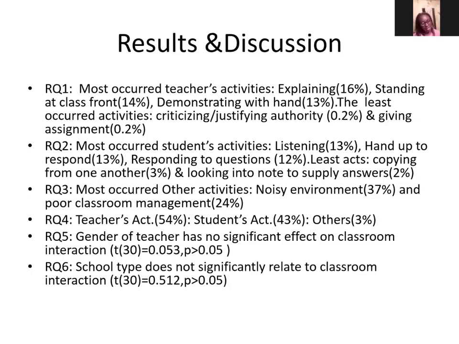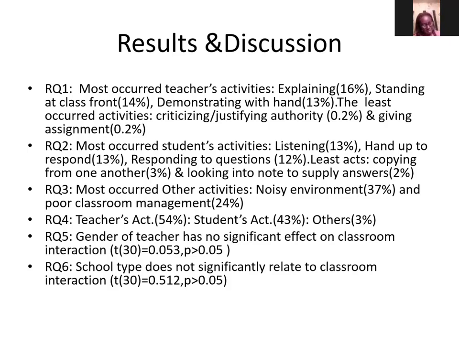Research question 4 asked, what is the proportion of teachers' behavioral activities to pupils' behavioral activities and others in the instructional process in social studies? The result shows that teachers' behavioral activities have the highest score of 54%, followed by students' activities of 43%, and others 3%. This finding supports teachers' dominance in classroom interaction.